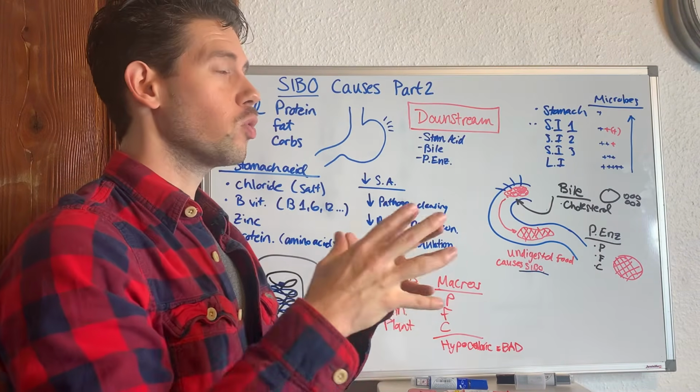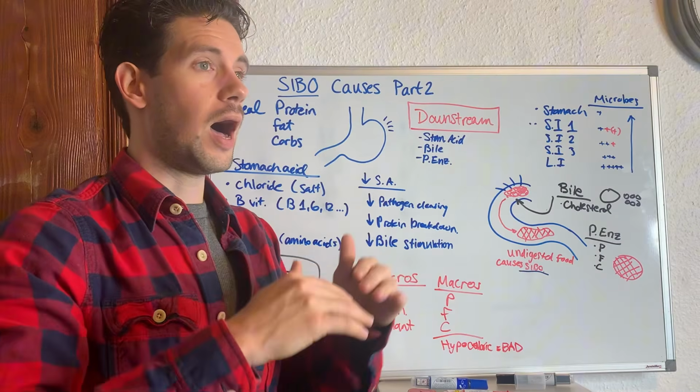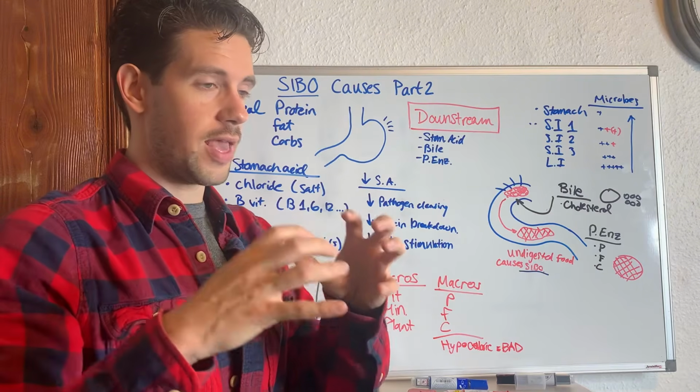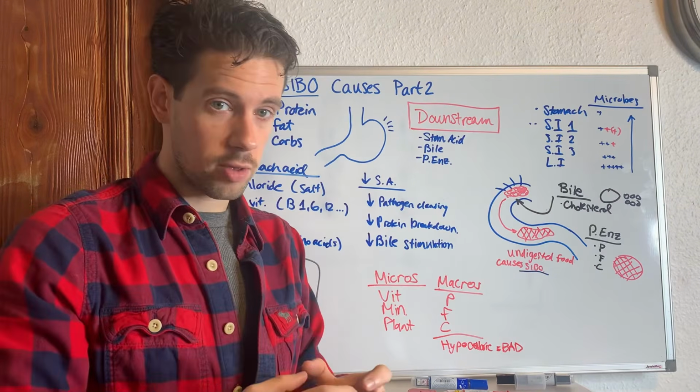And I just wanted to make sure that the highlighted message is that weak stomach acid is a cause for SIBO.